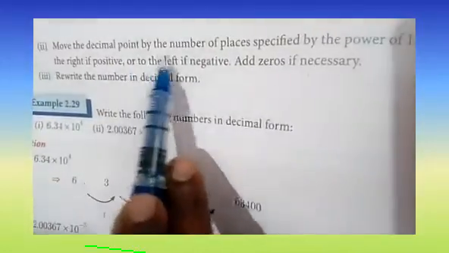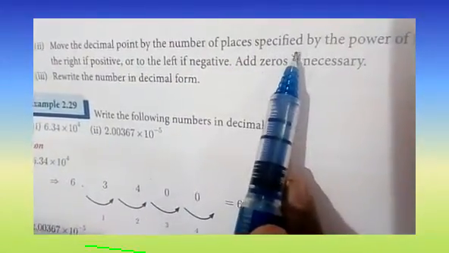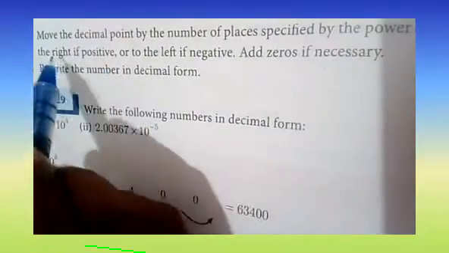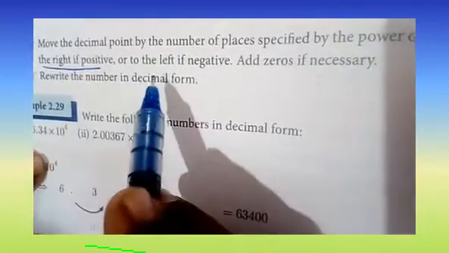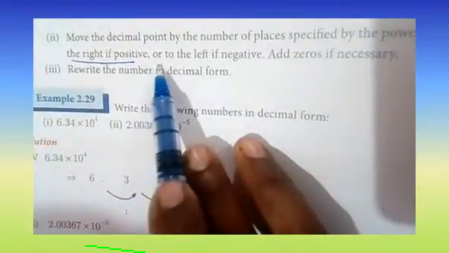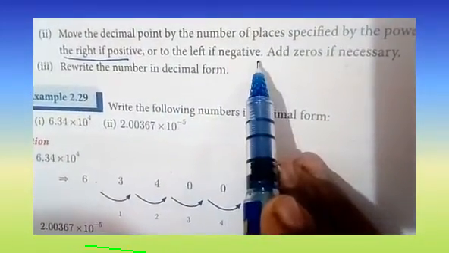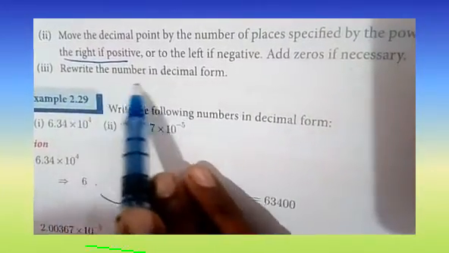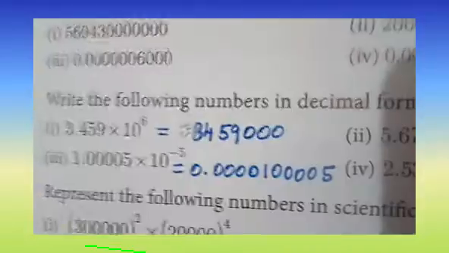Second, move the decimal point by the number of places specified by the power of 10: to the right if positive, or to the left if negative. Add 0 if necessary. Third, rewrite the number in decimal form.